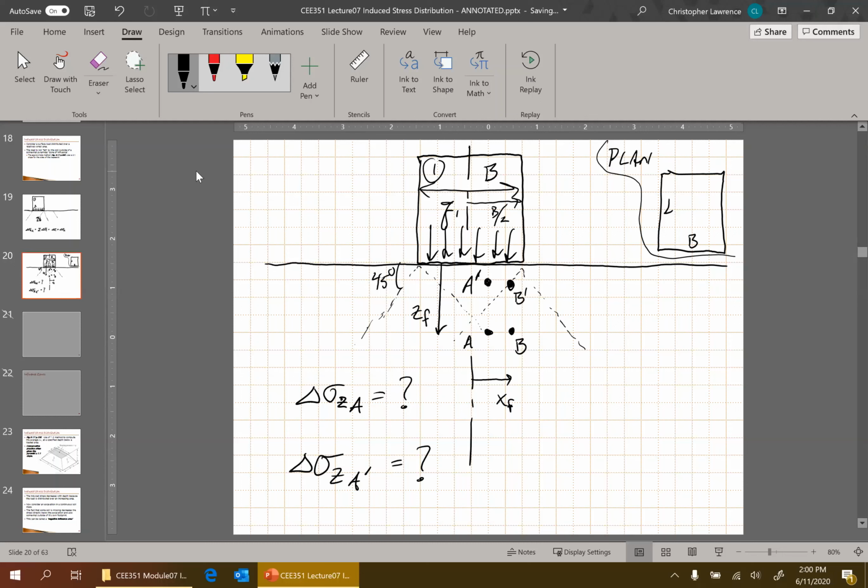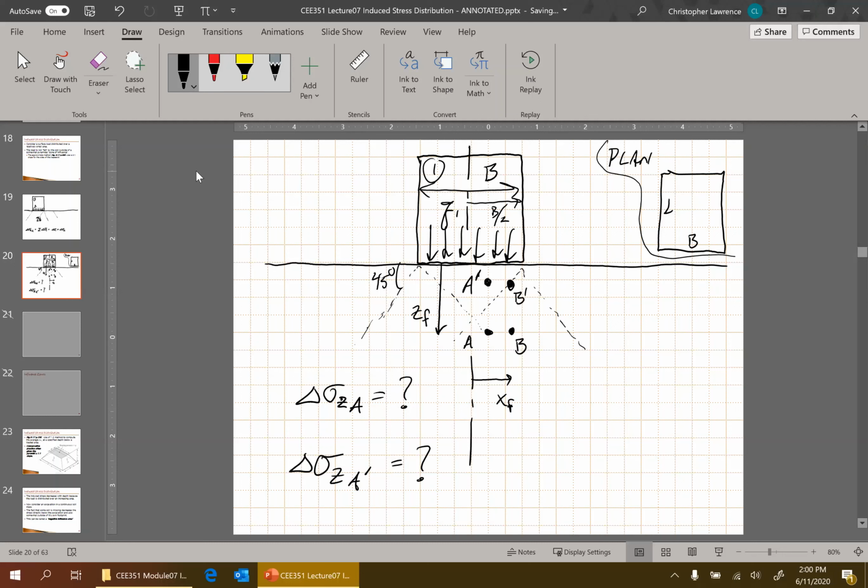Okay, so point A prime probably has the greatest induced stress because it has all positive influence and no negative. Point B prime is probably a little less than that. Same depth, but it's getting close to, or on, the boundary of the negative influence. And then point A is less than that, closer to the center line, and then point B, same depth as A, but a little further away from the center line.